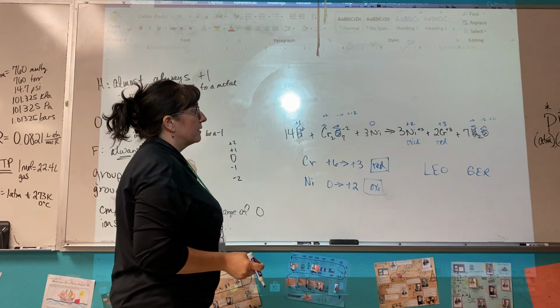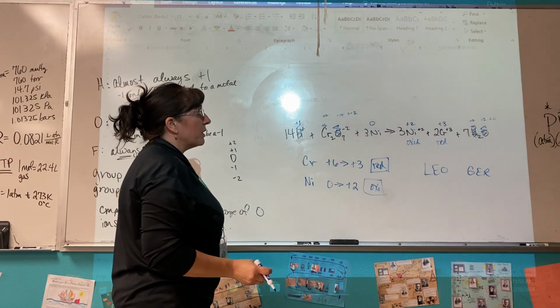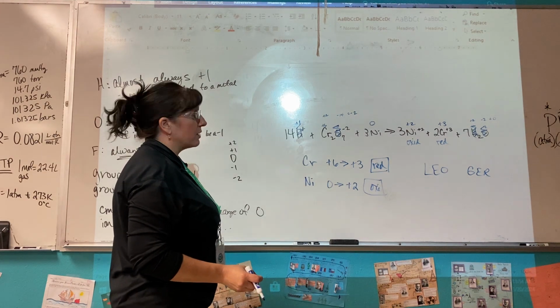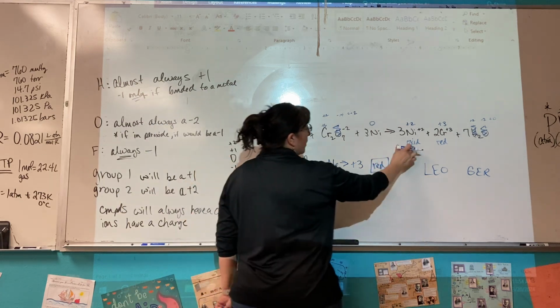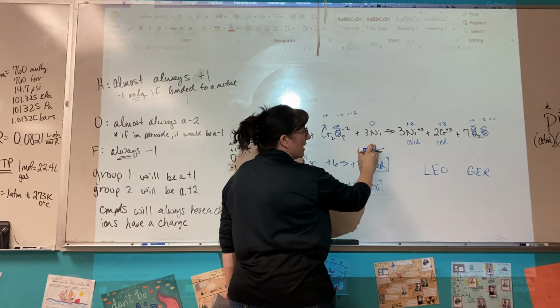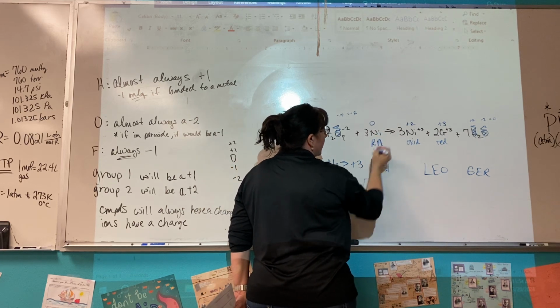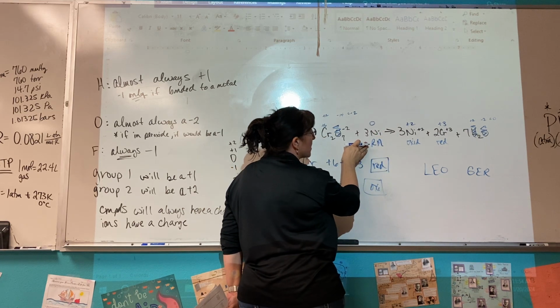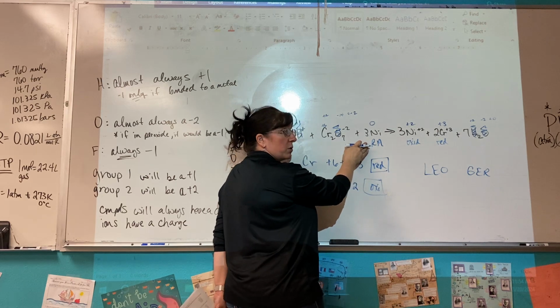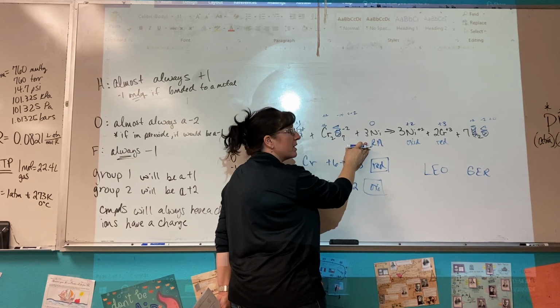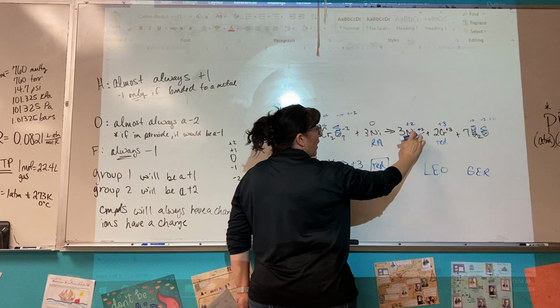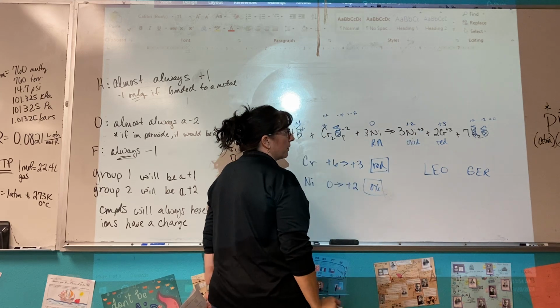Now I'm going to go to the left-hand side of the reaction. If I look at nickel here, it was oxidized. So what do I say that this is? This right here is going to be called the reducing agent, because it is going to cause the chromium to become reduced.